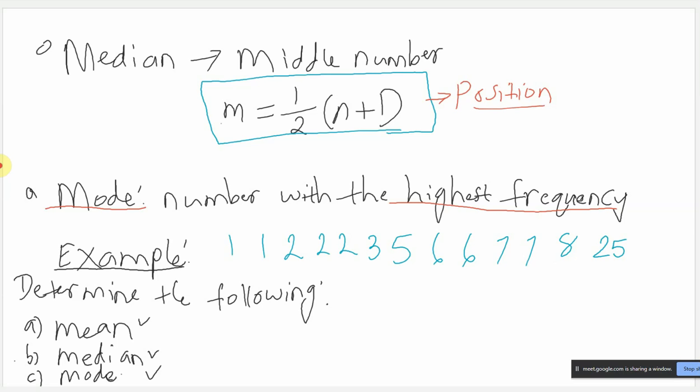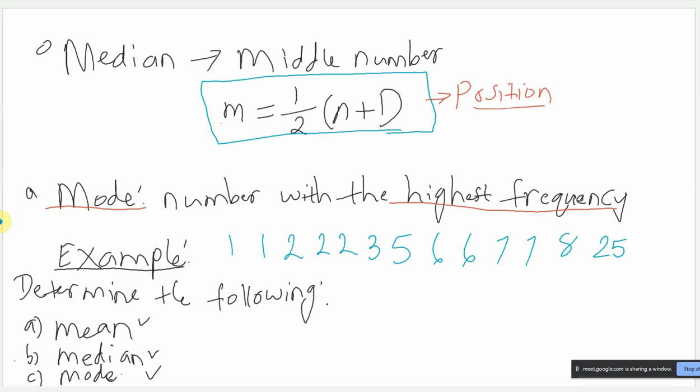So when you have data, first check if the data is arranged or not. If the data is not arranged, then you must rearrange it from the smallest to the highest. In this example, the data is already arranged. The smallest number is 1, the biggest number is 25, and the rest follows ascending order.